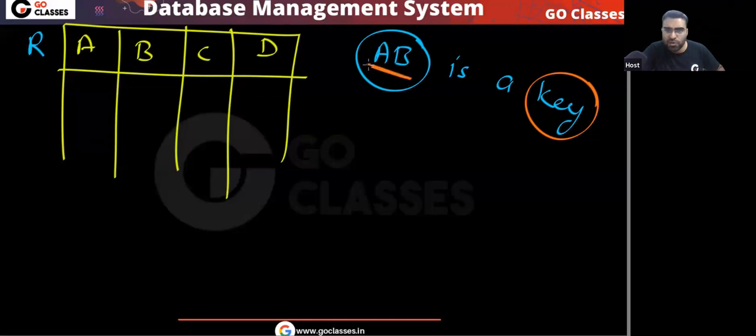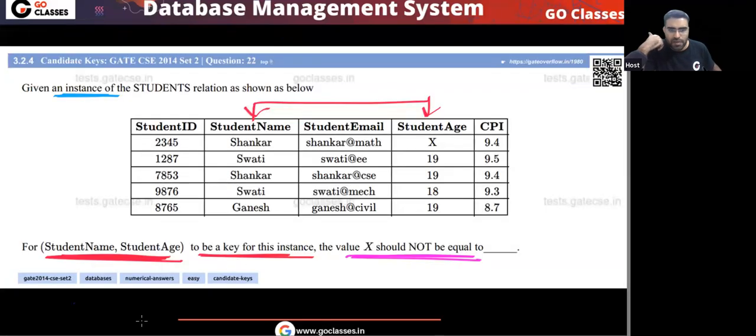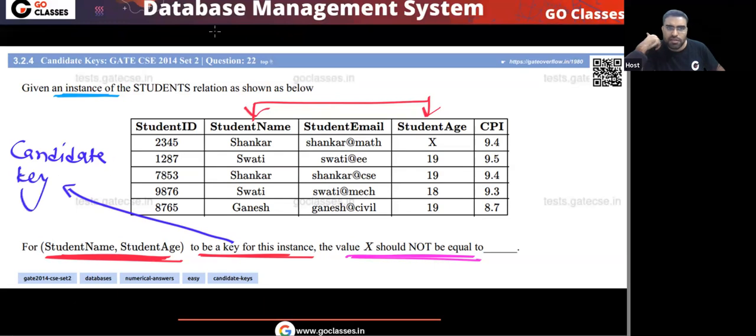If I tell you that this AB combination is a key, whatever you take, candidate key, super key, by default key means candidate key. Remember, I told you that by default key means candidate key. But in this question, it does not matter.